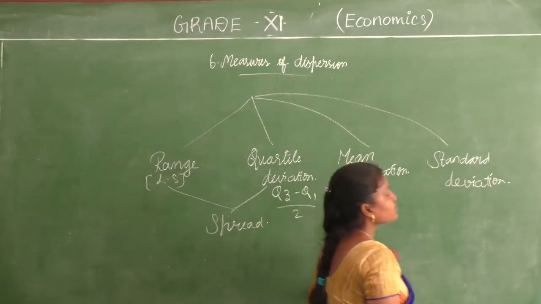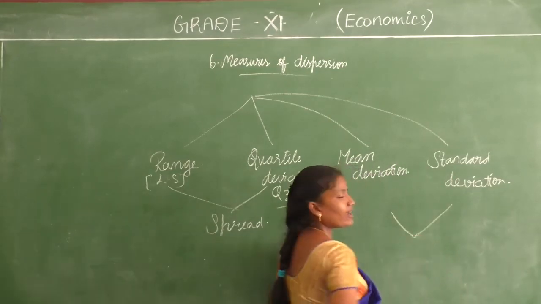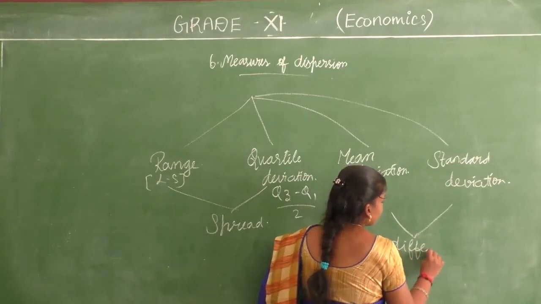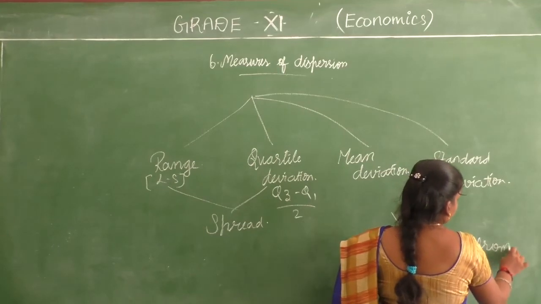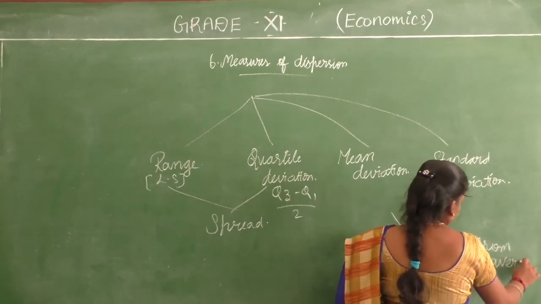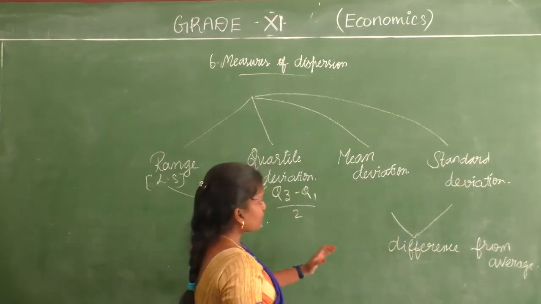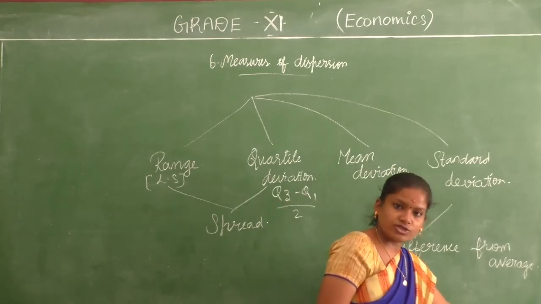Whereas mean deviation and standard deviation let you find what? The difference from the average, the deviation. It tells you about the difference from the average.